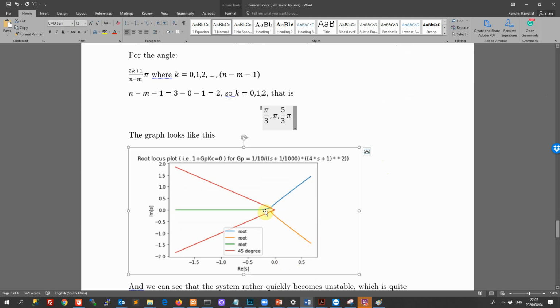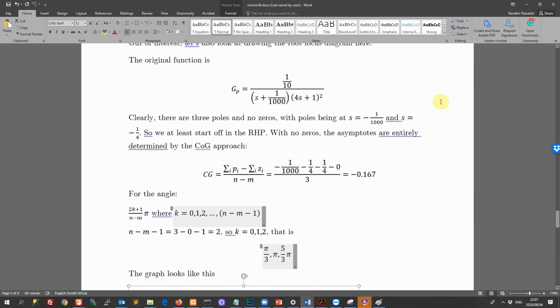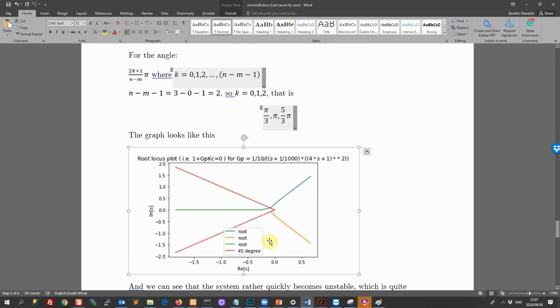And then you've got minus 1 over 4. So that's here, right? So minus 0.25. So that's there. So in terms of your angles, you've got this pi. So you've got one shooting off like that.